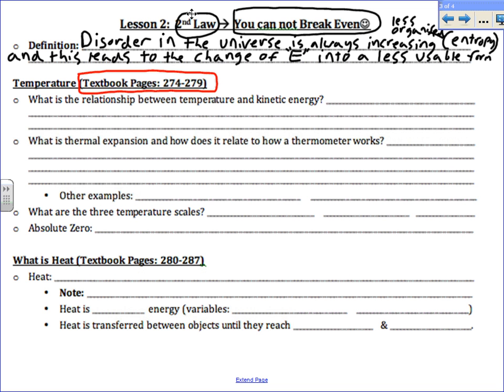Now, what is the relationship between temperature and kinetic energy? So temperature is the measure of the energy, capital E, in a substance.